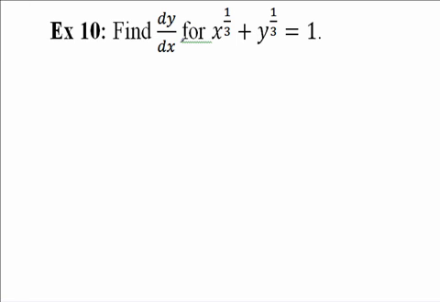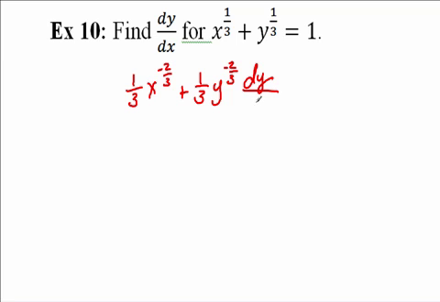Well, this is not bad. So that's 1/3 x to the negative 2/3 plus 1/3 y to the negative 2/3. Oh, we took the derivative of y, so we write dy/dx, and that equals 0. Okay, so once again, we're going to solve for dy/dx. And notice here I've got a 1/3, a 1/3, and a 0 here, so I'm just going to cross those out.